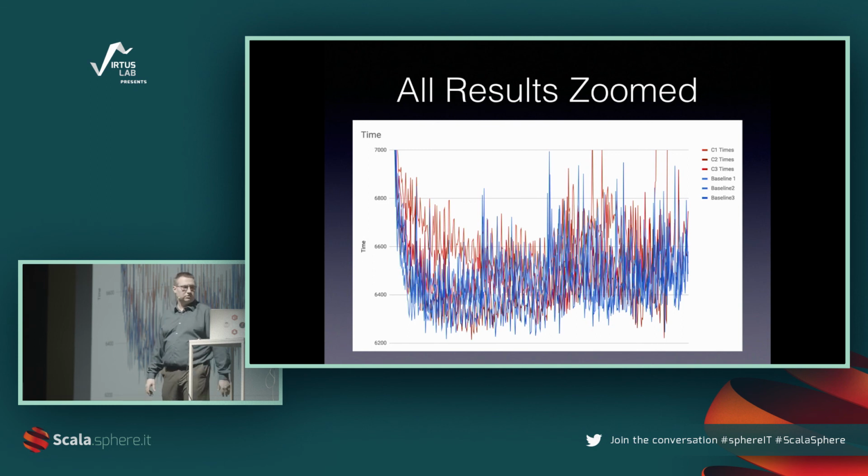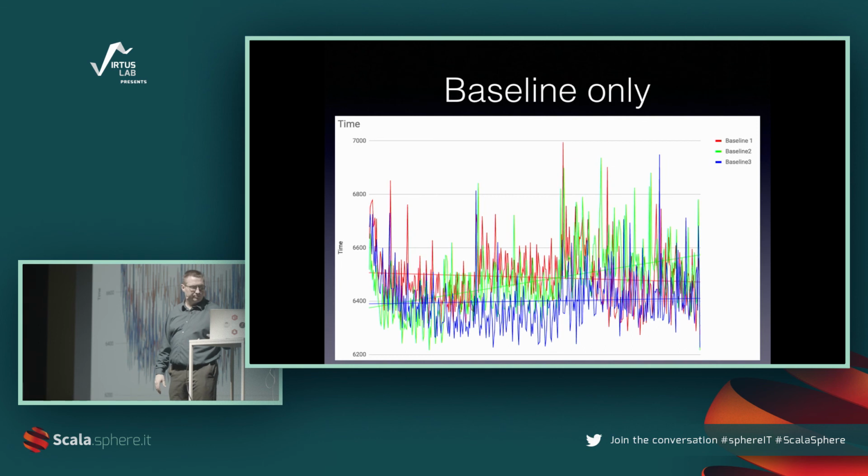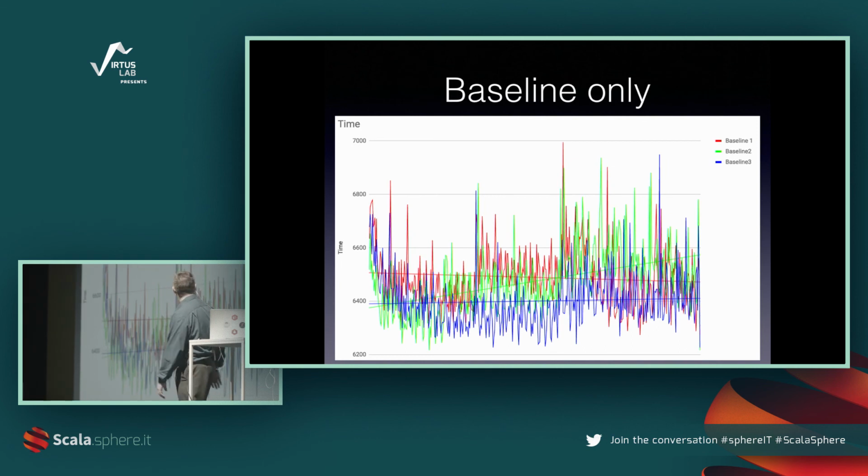And it's one of the things I want to talk to you today about. So we're gonna wind back a bit. I'm gonna ignore the new code, and I just want to get to stable numbers on the old code. I'm gonna ignore the optimized code, and I'm just gonna plot the baseline and see if we can work out what's going on. Well, so these are the three baselines that I ran.